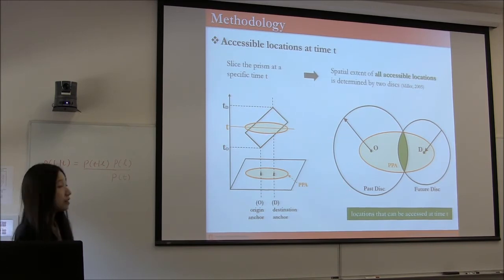That accessible location extent will be determined by two things: where we can get to from the origin at that time, as well as what are the locations that enable me to reach the destination on time, given the rest of the time.